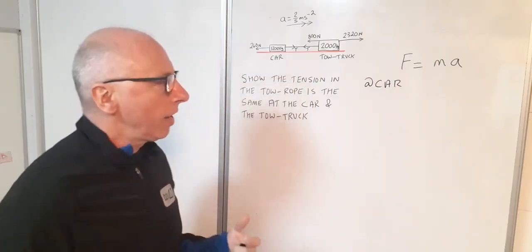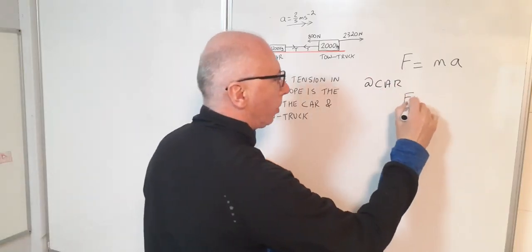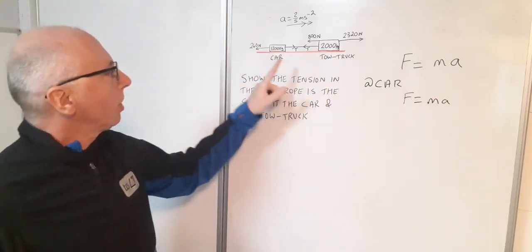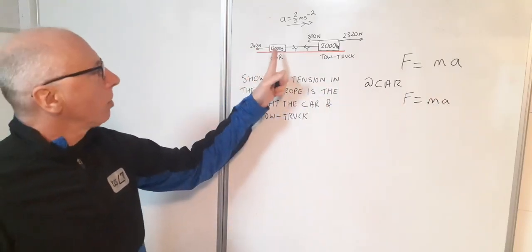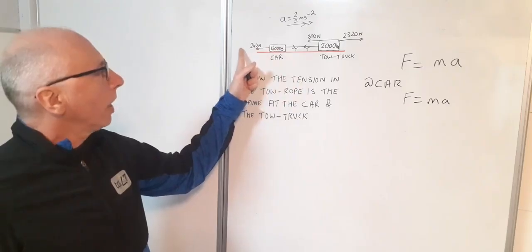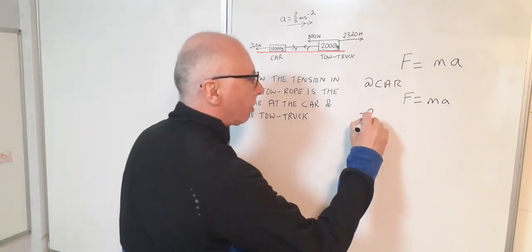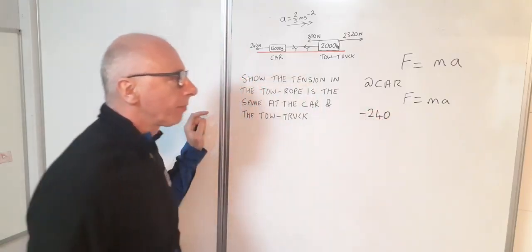So what's going on there? Let's do our setup, force equals mass times acceleration. Let's resolve our forces at the car. There's 240 newtons going in this way, so that is going against the travel. So that's minus 240.